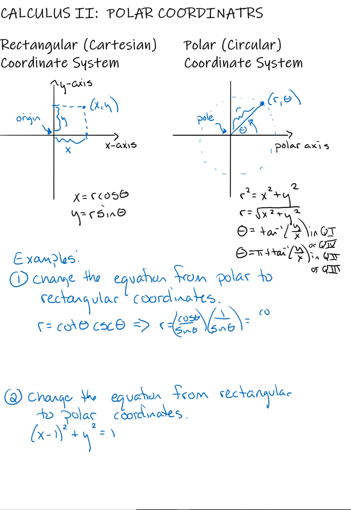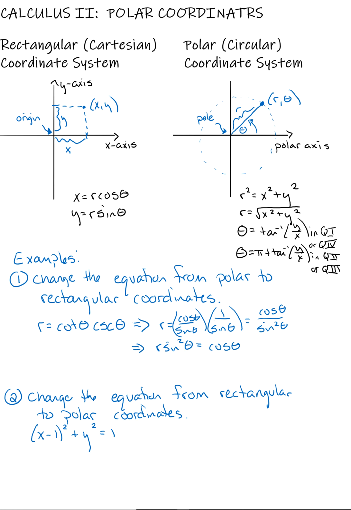Of course, we can combine these. That's the cosine of theta over sine squared theta. Not really crazy about working with a fraction here, so let's go ahead and clear that fraction. Multiply by sine squared theta, we get r sine squared theta is equal to cosine theta.